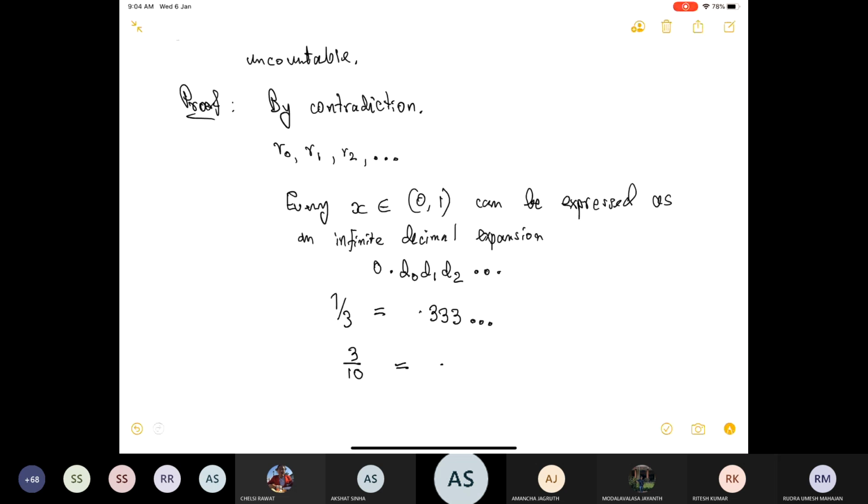One is 0.30 and a sequence of zeros. But this can also be expressed as this continuing decimal. Okay? So this number 3/10 has two representations.